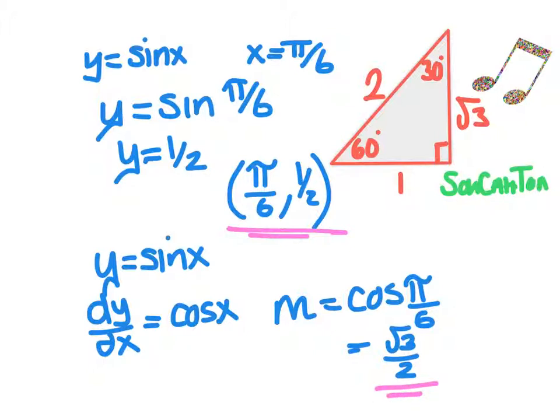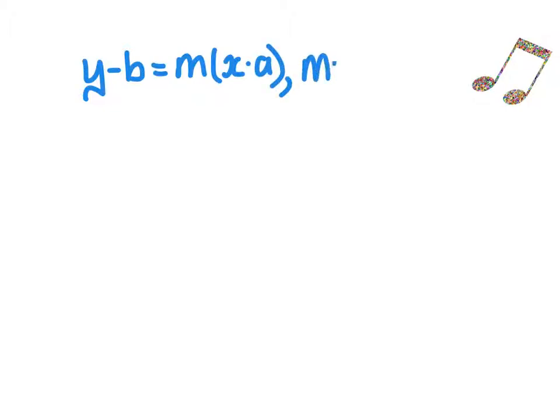So we'll bring those together to work out the equation of the line. So y minus b is m(x minus a), and I'm putting in a gradient of root 3 over 2.